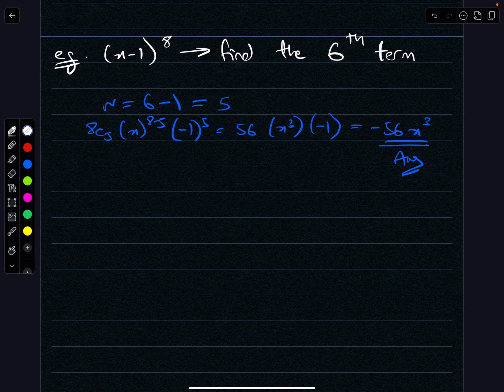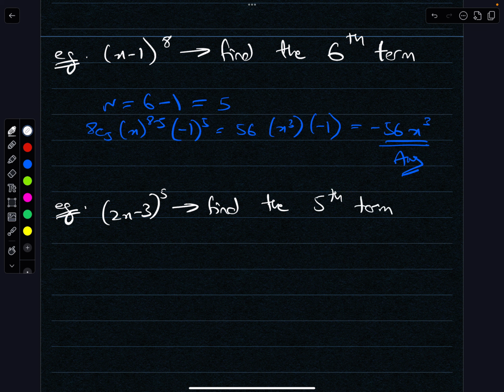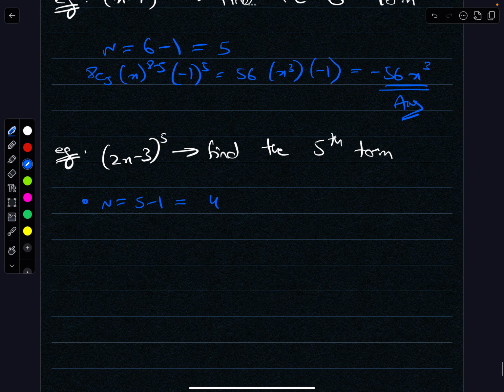Similarly, I can be asked to find 2x minus 3 to the power 5. And I'm asked to find the fifth term. I'll apply the same concept. The first step is finding the value of r, that is 1 less than the required term. It turns out to be 4.